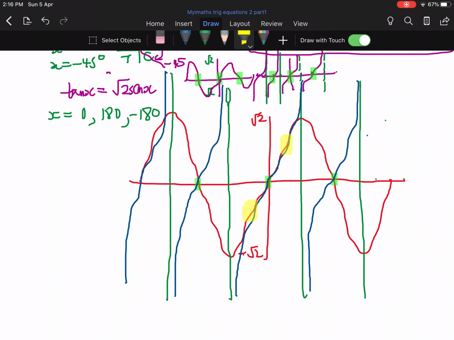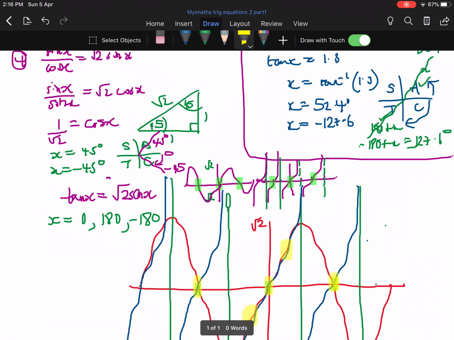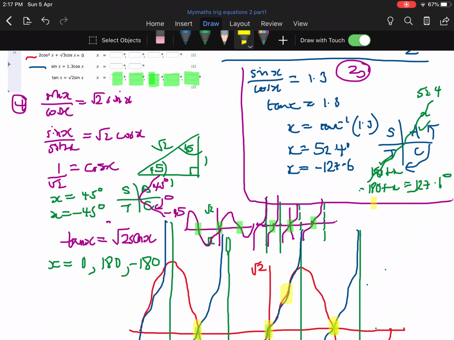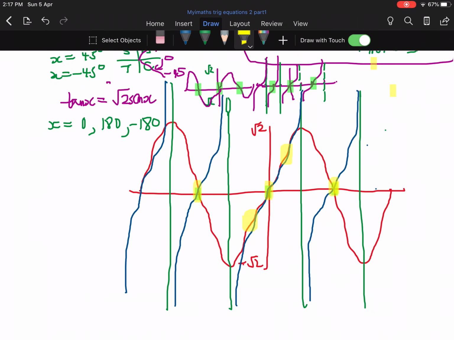So those, the two yellow things, are the negative 45 and the positive 45. This is 180, this is 0, and this is negative 180. And those are your 5 values. So that is a very tough question because I had to use trig to get the 45 and negative 45, and then I have to understand the graph.